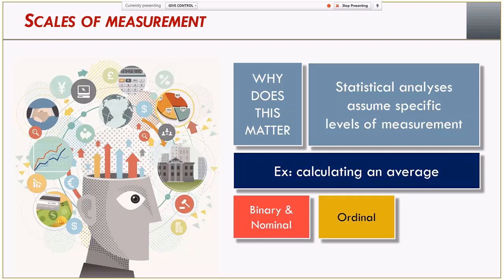In certain circumstances, ordinal variables are assumed to have roughly even spaces between the different ranks, but we can't always assume that. So you can calculate an average with ordinal variables, but you have to be very cautious with its interpretation. And an average is perfectly fine for interval and ratio variables because we assume that the intervals are equally spaced.